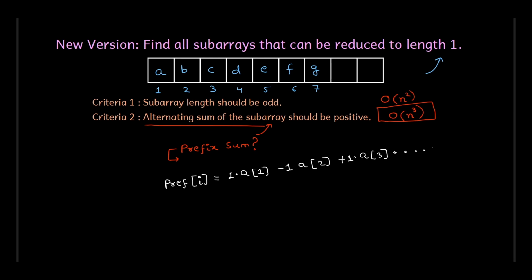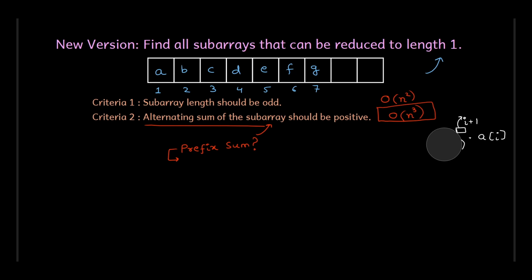So basically at each stage I, you add minus 1 to the power of something. This will be decided based on the index. For example, if the index is odd, then you are adding 1. So you should add minus 1 to the power I plus 1 into A of I. So this is the alternating sum. So what would this prefix contain?